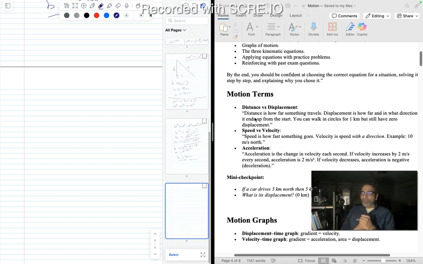Do you know vector and scalar quantities? Correct, we talked about them yesterday. There are a couple of terms we will use simultaneously: distance versus displacement, speed versus velocity, and then acceleration. Distance is how far something travels.